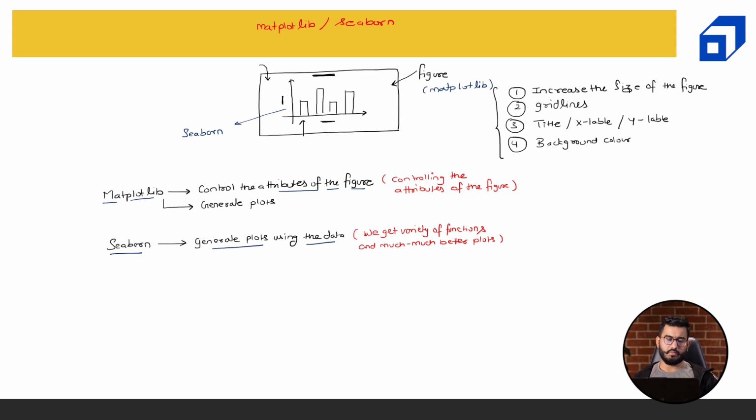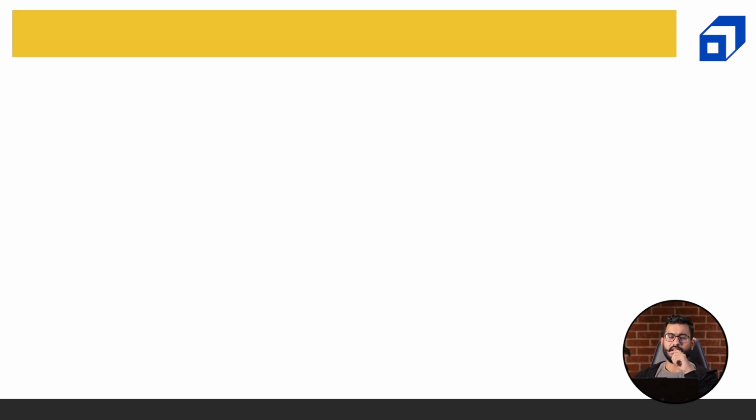Now let's try to understand how to make use of them. Before we jump into the usage, let's quickly understand the data. You already know about it, but I'll just summarize. The data generally consists of two kinds of variables. Number one is your categorical variables. Number two is your continuous variables.